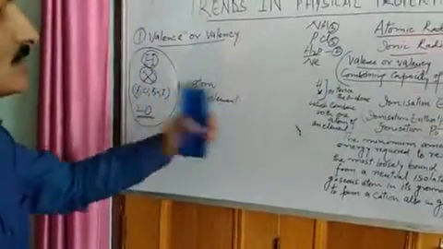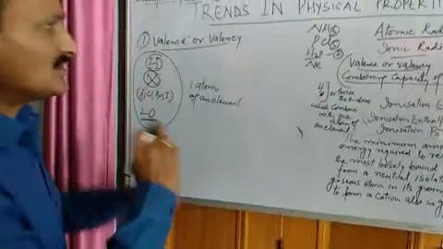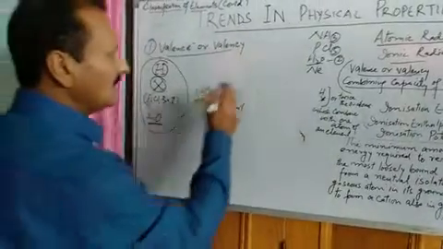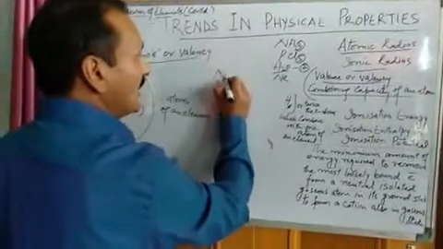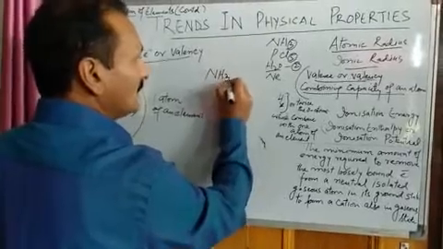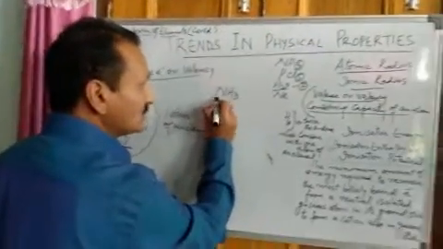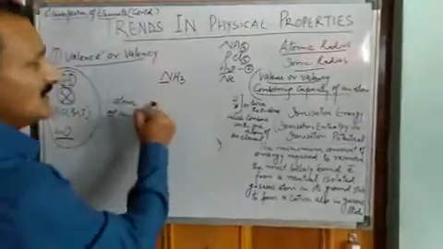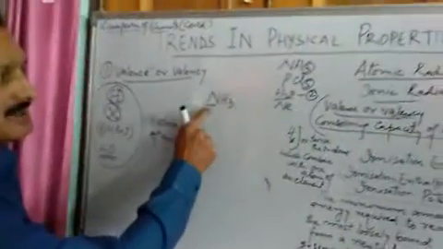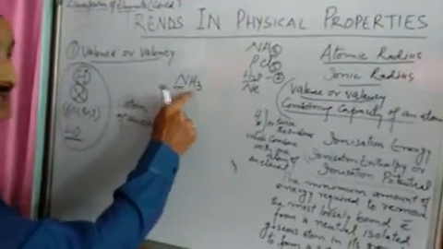Now how do we determine valency? For example, this is the compound ammonia. We would like to determine the valency of nitrogen. See, how many hydrogen atoms are combining with one atom of nitrogen? 3.